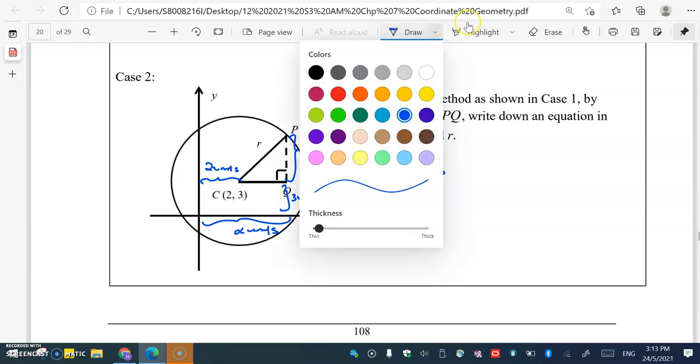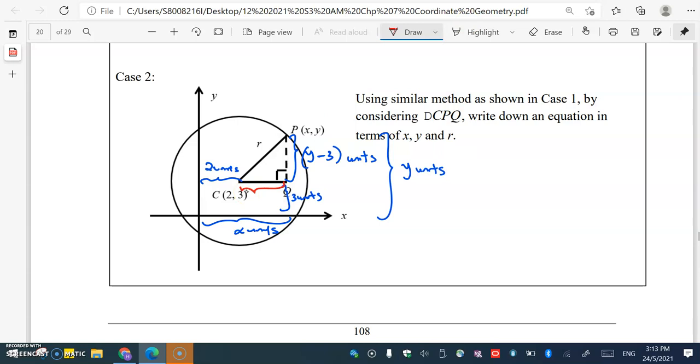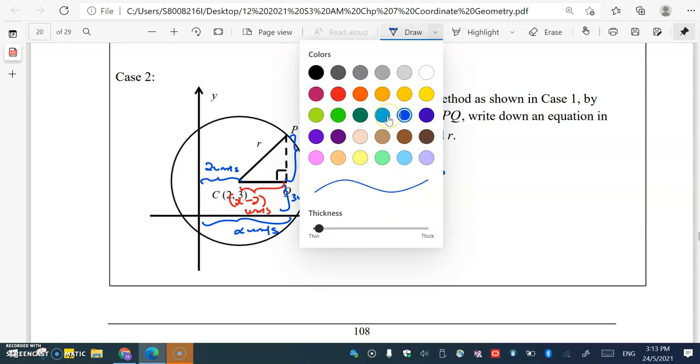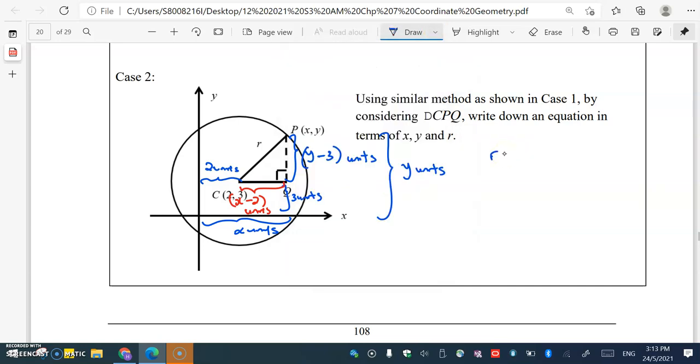CQ will therefore be simply X minus 2 units. So R square is as good as X minus 2 square plus Y minus 3 square.